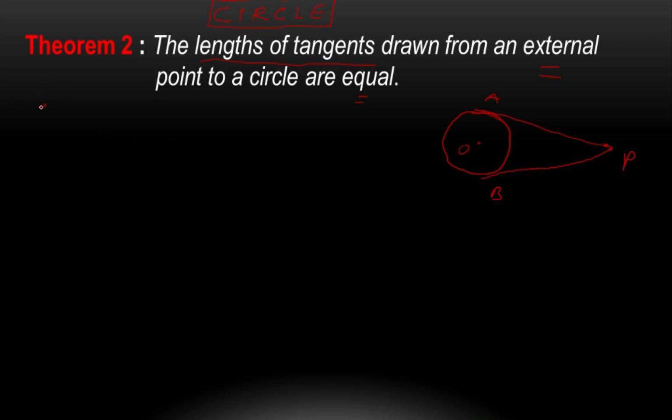First we have to write the given information. Given is a circle with center O and P is an external point.